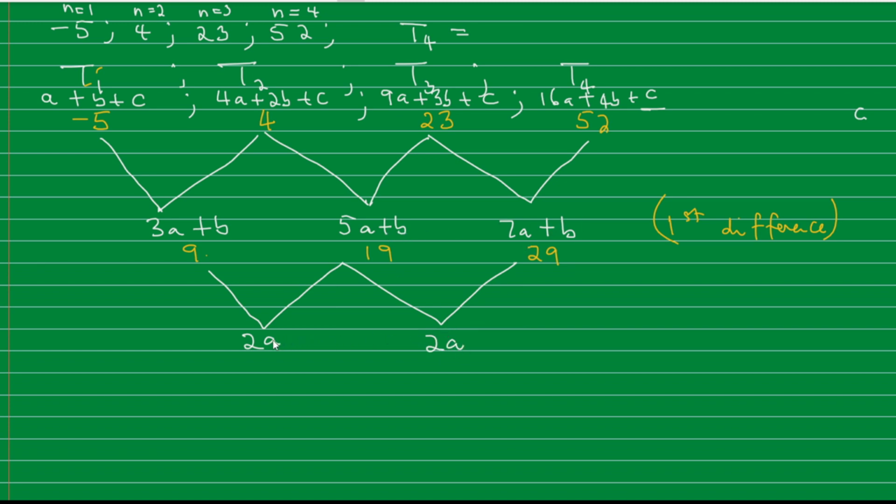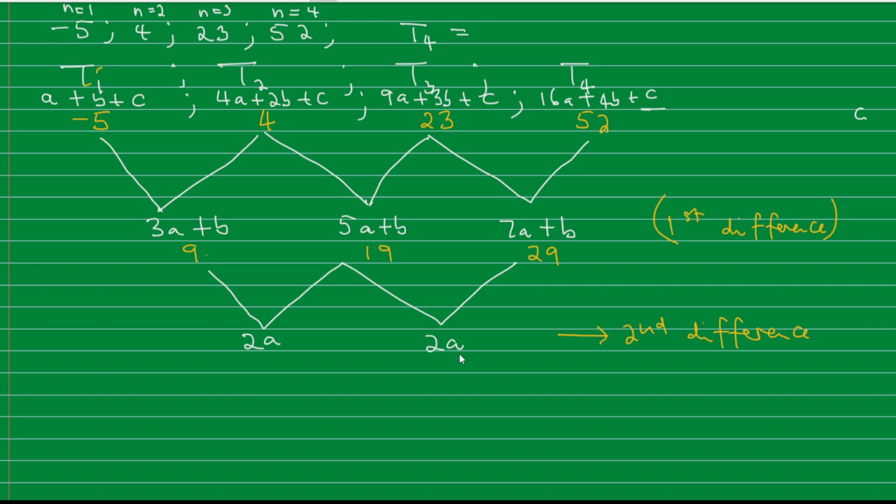So now you will see that our row of second differences, these are our second differences, are constant. It's always a 2a. So the second difference is constant.